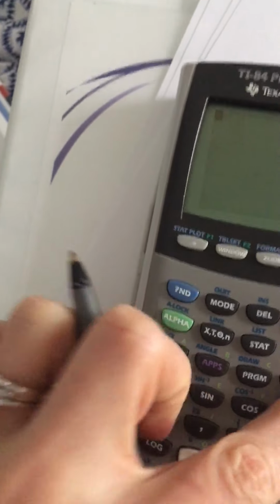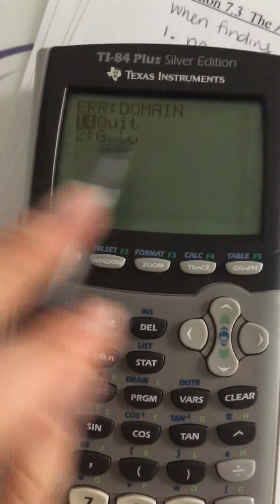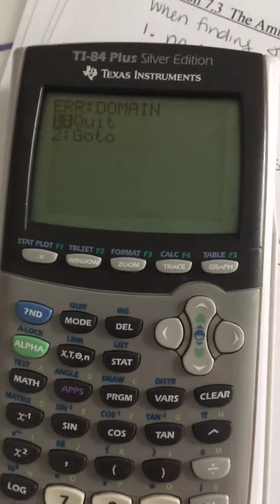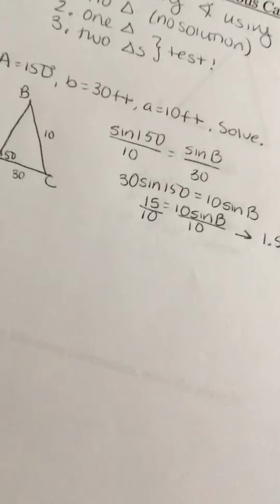If you put it into your calculator to find B, you would see sine inverse of 1.5, domain error. That means it's out of the domain. It's not possible. So we get that result pretty quickly, and that's a perfect case. This triangle can't exist in geometry world. It can't actually be drawn with these dimensions.